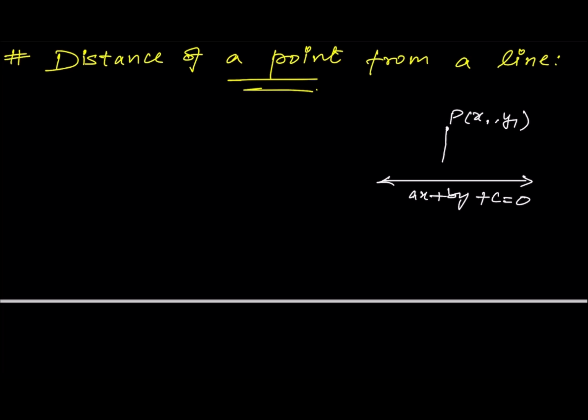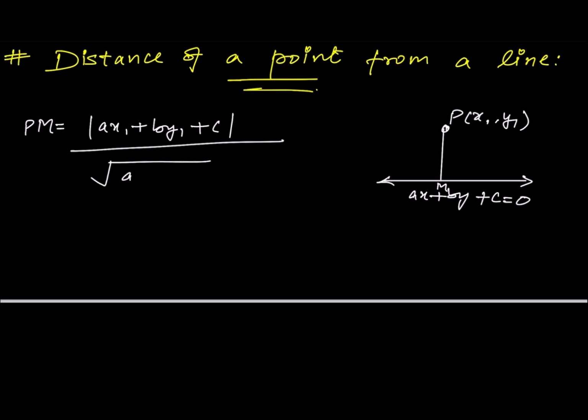Let's say this distance is PM. See, distance is always perpendicular distance unless otherwise stated. So PM will be mod of ax1 plus by1 plus c upon root over a square plus b square.